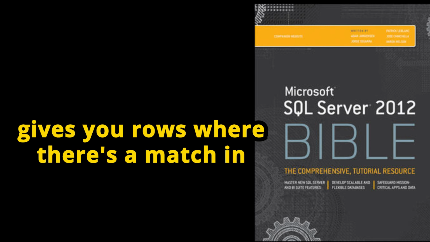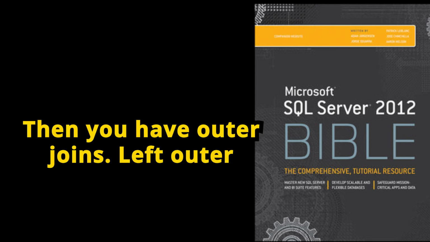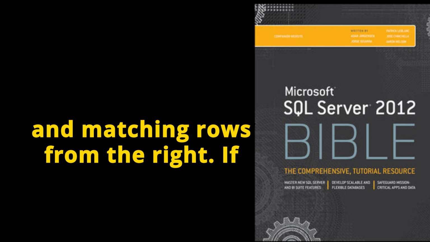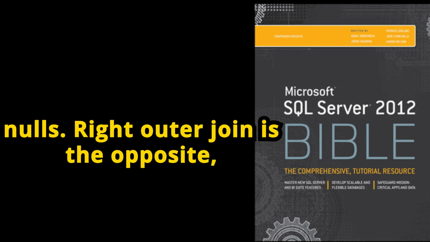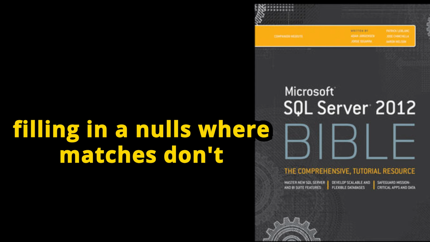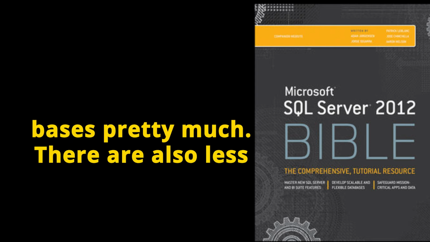It only gives you rows where there's a match in both tables. Only the intersection. Right. Then you have outer joins. Left outer join keeps all rows from the left table and matching rows from the right. If there's no match on the right, you get nulls. Right outer join is the opposite, keeps all from the right. And full outer join keeps all rows from both tables, filling in nulls where matches don't exist on either side. Okay, covers all bases. Pretty much.